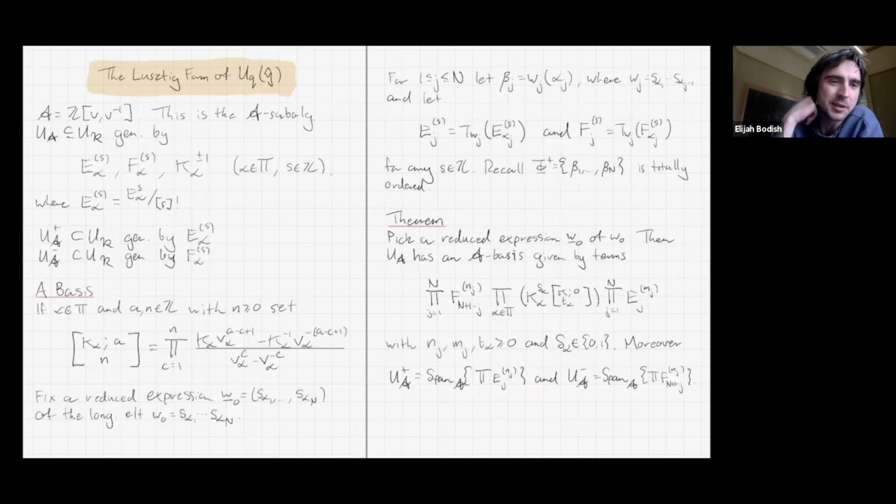It says on the line above that this is the A-subalgebra generated by... Oh, so the whole algebra is generated by all of these terms, yes. But the positive part is just generated by the E's, and the negative part is just generated by the F's. And so how do we obtain the divided powers of the K's?